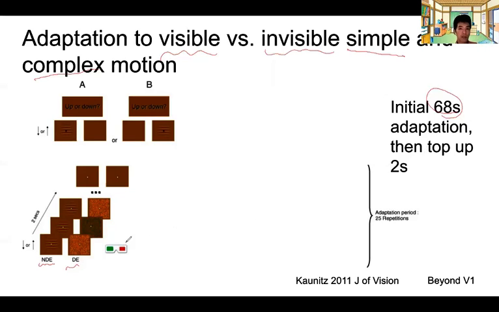So 2 seconds of top-up adaptation and then test, top-up, test, top-up, test. Under the visible condition, you don't show any continuous suppression, and you just adapt to this motion in one direction. If it's the up condition, up, up, up for 1 minute, and then test visibility for upward or downward, then go to the 2 seconds of up, and then up or down.